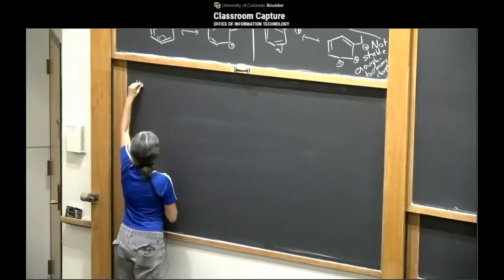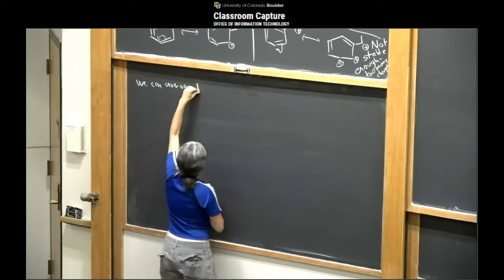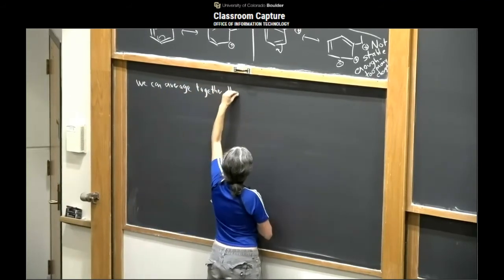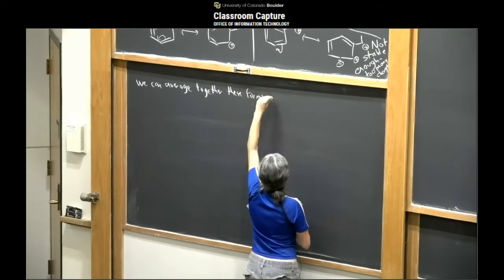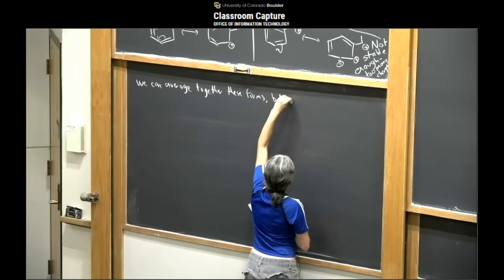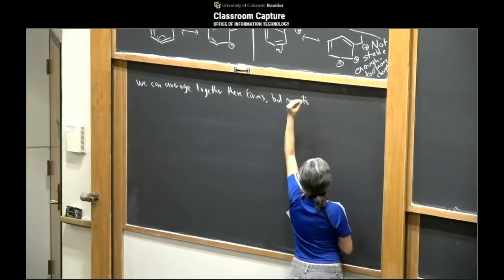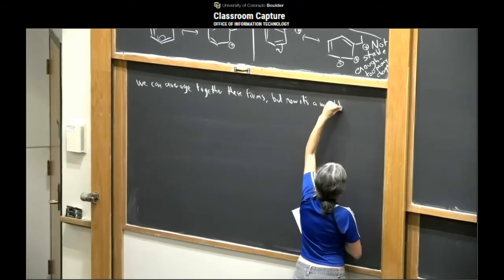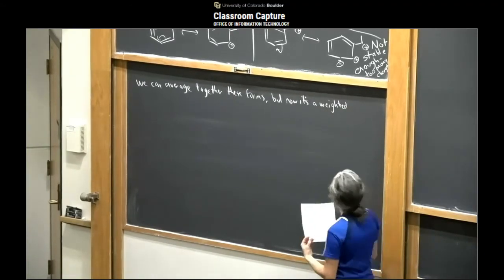So we can average together these forms, but now it's a weighted average. And we don't know how that weighting is going to look. We can guess sometimes, but we can't calculate exactly like this atom has 3/5 of a positive charge or anything like that.